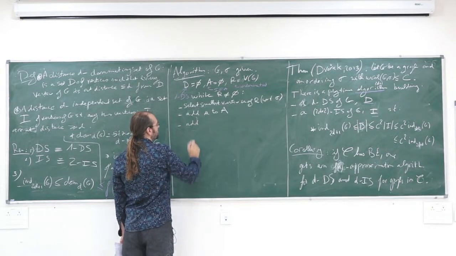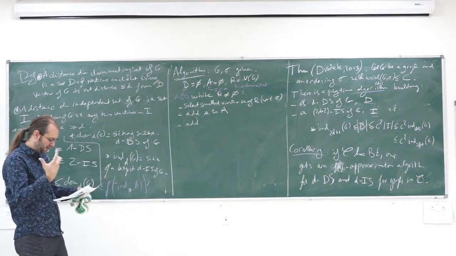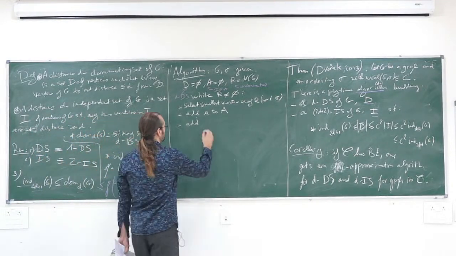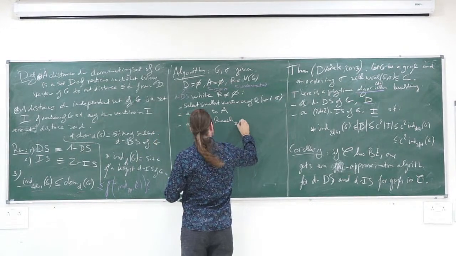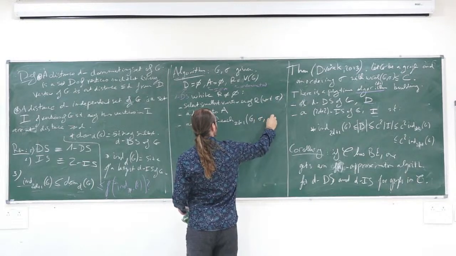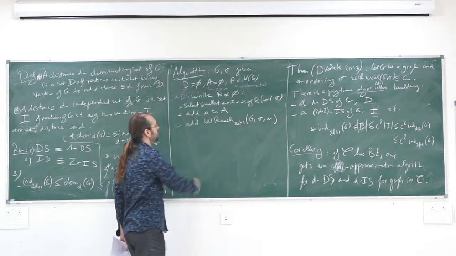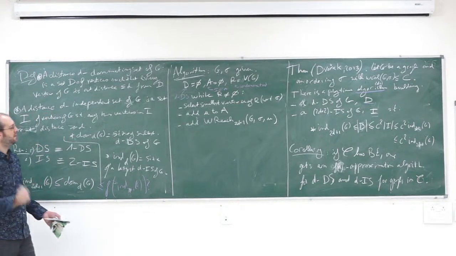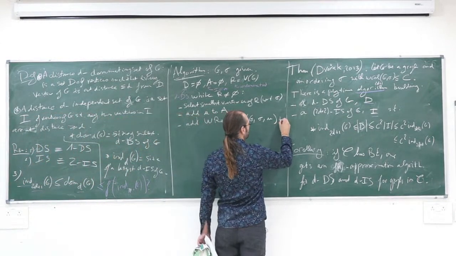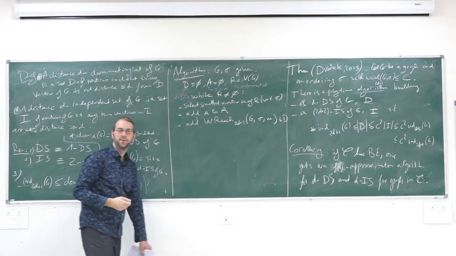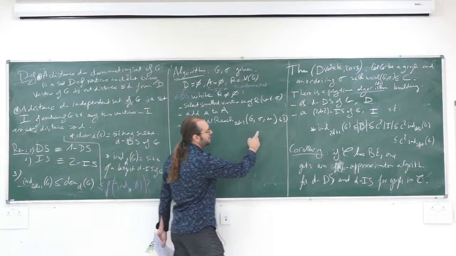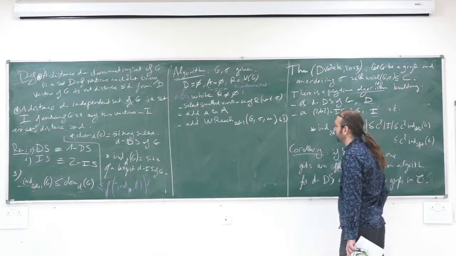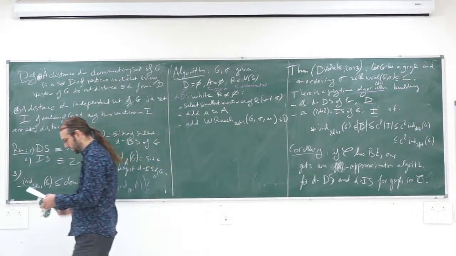And to D I add a lot of things, because I want it to be a dominating set, so I add all the weakly reachable vertices of 2D plus 1 from this U, which was the smallest in my R. The idea is, let's hope that this will dominate a whole lot of vertices. Of course, this is not that big, in the sense that it only depends on, this is basically at most C, some constant number of vertices.